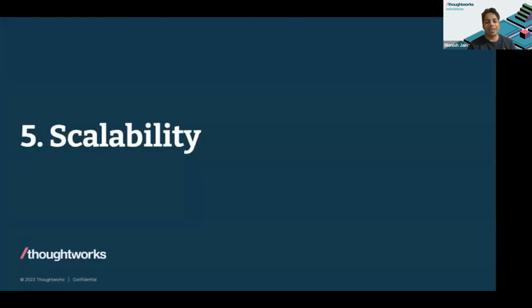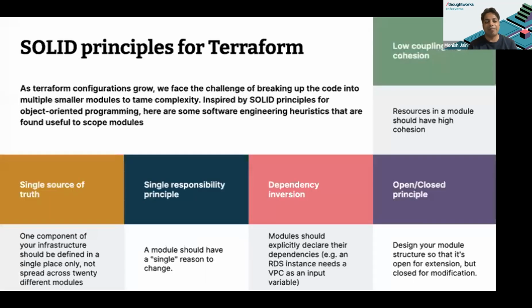What is the boundary level, and how can I write good modules that can be utilized? What we will be discussing next is how SOLID design and development practices can help us identify the modular approach and how we can break the code into multiple smaller modules and decrease the complexity.